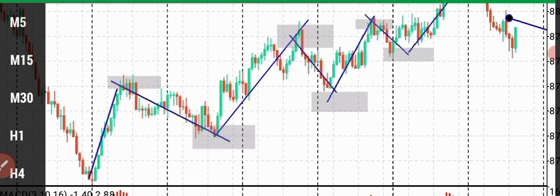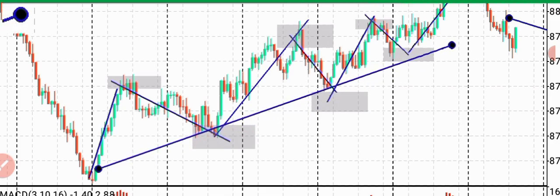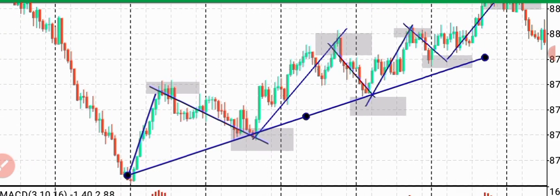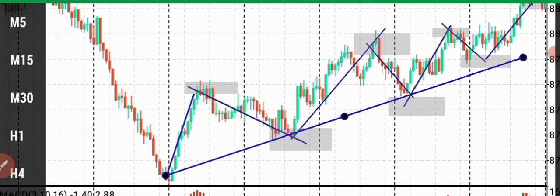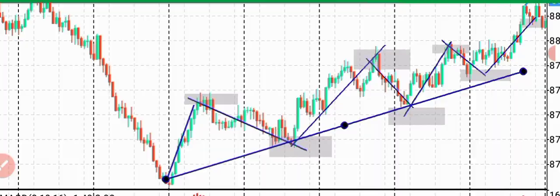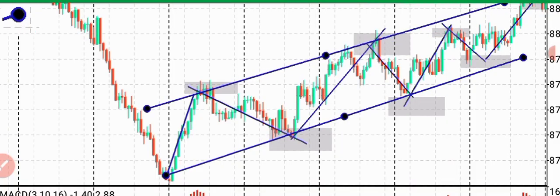This structure gives us our trend. When we join these lows together, this series of lows is what gives us a trending market. That's what gives us the trend line that we usually draw to identify our trend. You can see that.